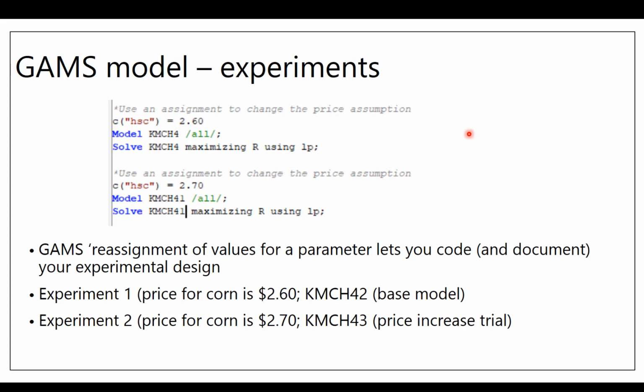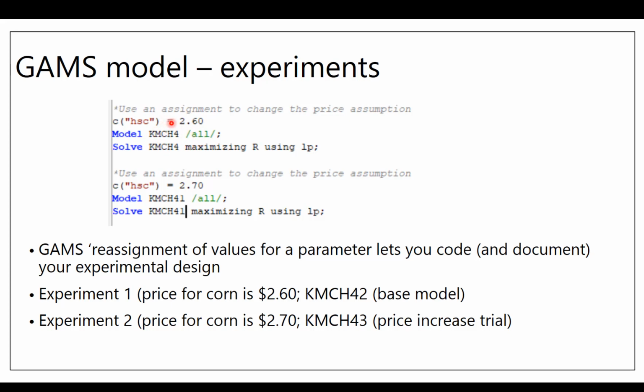Okay, and so then how to do the experiments? Well, I want to open the code and walk you through it top to bottom in a second, but I'm just going to make changes to the objective coefficient. So you'll see here that when I want to solve this model, it is called Kaiser-Messer Chapter 4. When I want to solve it at a price of 260, I just make that price assumption right there before the model statement.